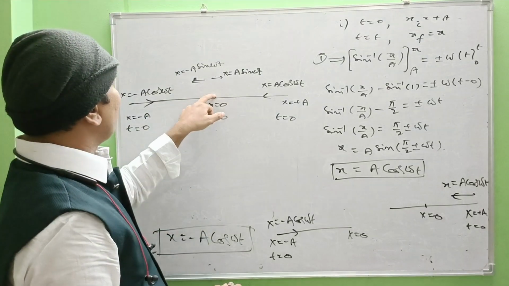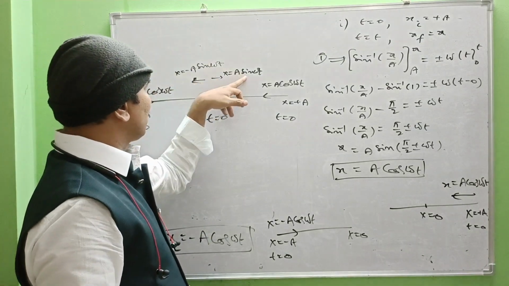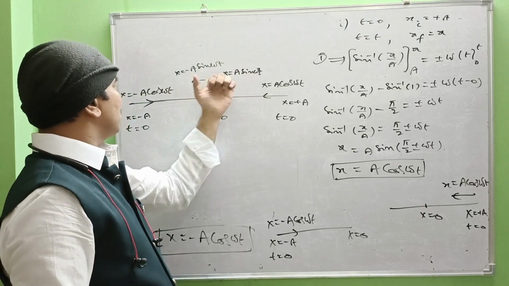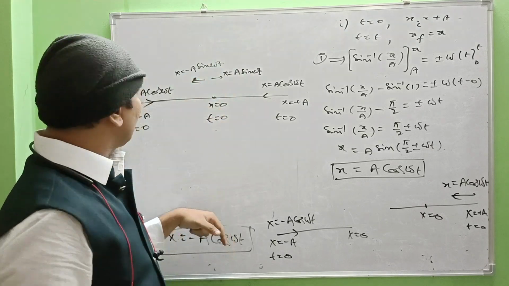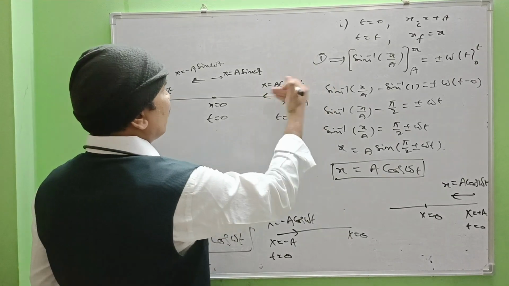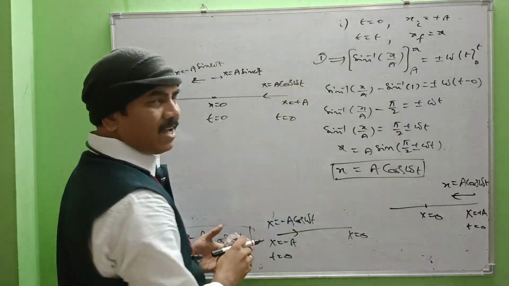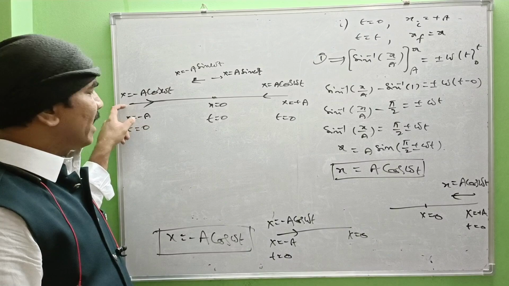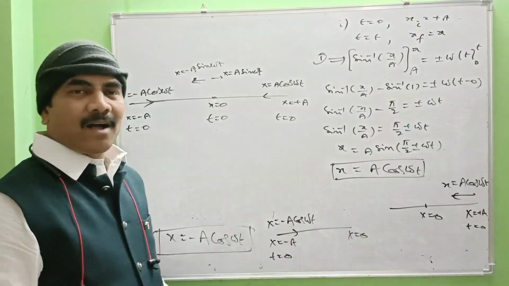So at the mean position rightwards, plus a sin omega t; at the same position leftwards, minus a sin omega t; at the right extreme position, x equal to plus a cos omega t; at the negative extreme position, x equal to minus a cos omega t.